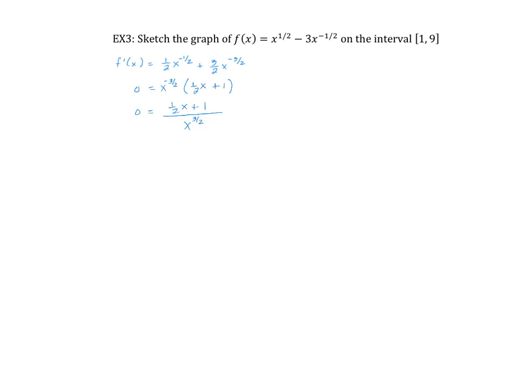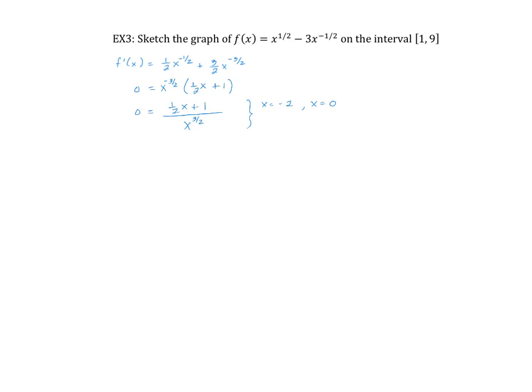That would be when x is 0, and where it's 0, that would be when x is negative 2. So if x is equal to negative 2, then my first derivative is 0. And if x is equal to 0, then my first derivative is undefined. So those are my possible critical points.